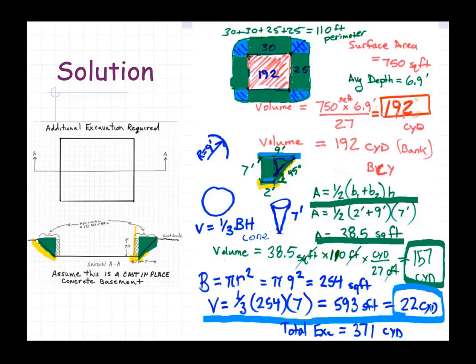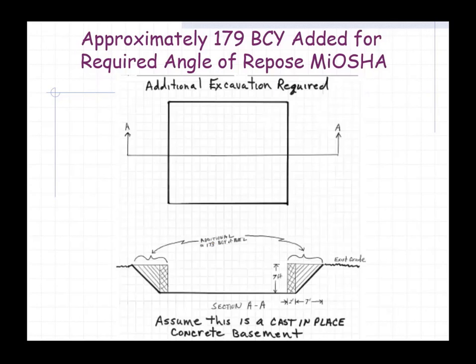Add the green 157 to the blue 22 and the red 192 gives me a total excavation of 371 cubic yards. So in summary, approximately 179 bank cubic yards of excavation is added to what would otherwise be the basement area in order to satisfy the angle of repose that's required by the safety standards.